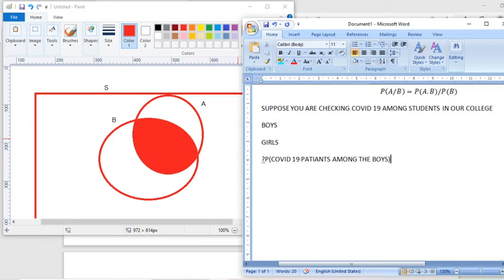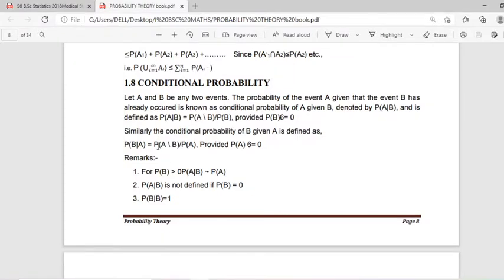For that we have to find this type of probability. That can be obtained through conditional probability. So P(A|B) can be written as P(A intersection B) divided by P(B), provided P(B) is not equal to 0.